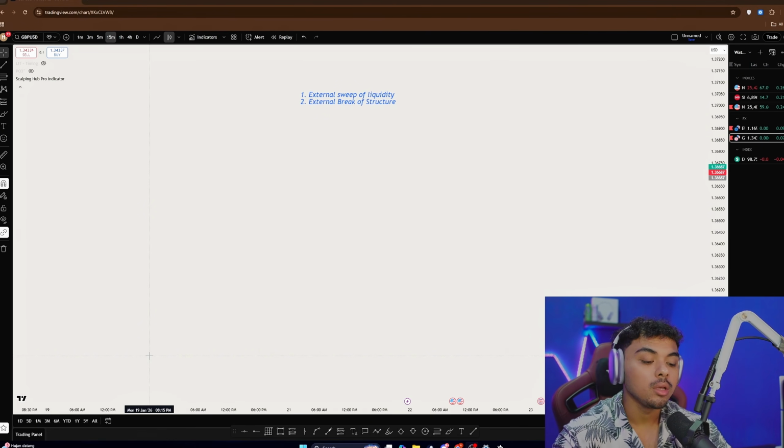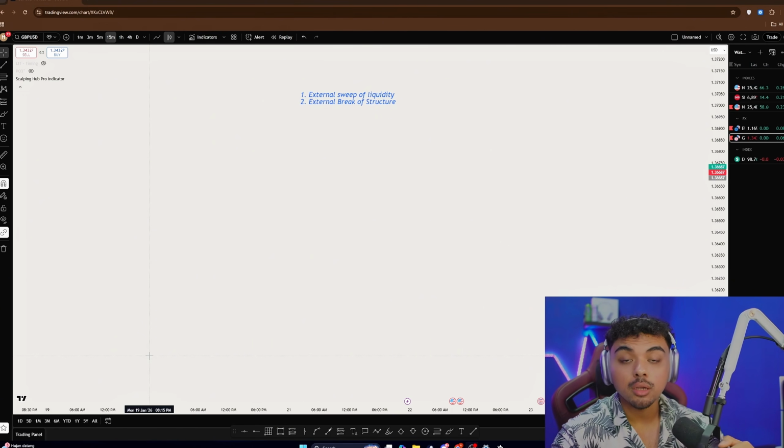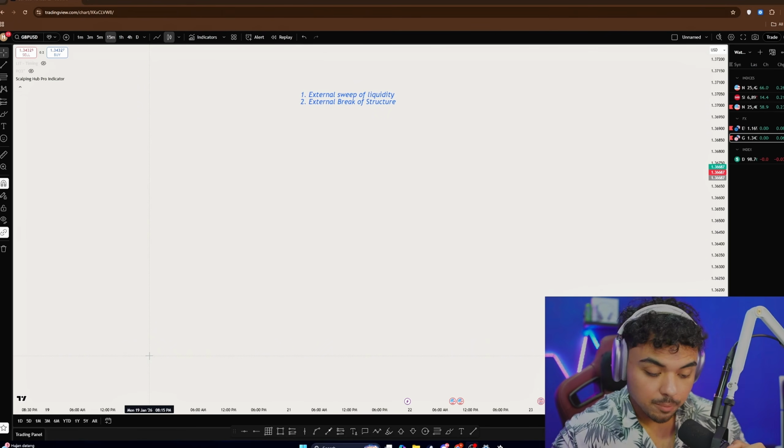It's pretty straightforward. Here's the thing, right? It's a matter of muscle memory at this point where you'll be able to mark your proper break of structures and your change of characters or market structure shift, whatever you want to call it, right? Where all you need is not a body closure, but instead a proper, precise break of structure marking, okay?